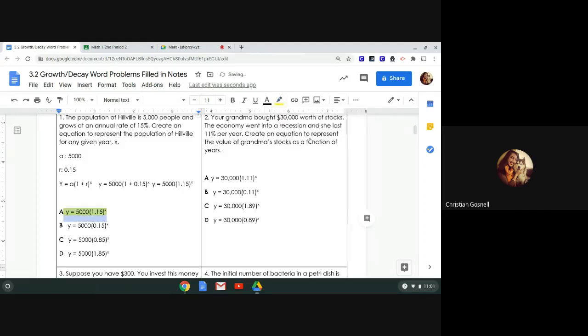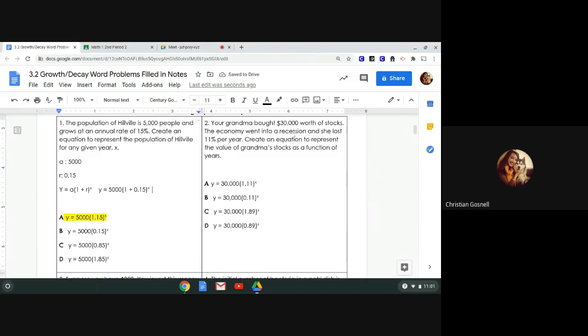All right, next one. Example number 2 says your grandma bought $30,000 worth of stocks. The economy went into a recession and she lost 11% per year. Create an equation to represent the value of grandma's stocks as a function of years.